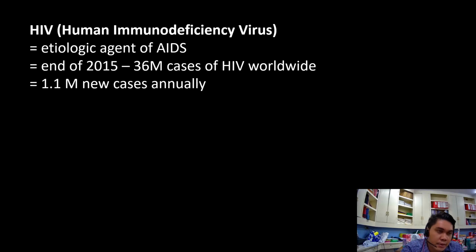At the end of 2015, there were 36 million cases of HIV infection worldwide. The problem with HIV is that there is no cure and there is no available vaccine for HIV. Annually, there are 1.1 million new cases.